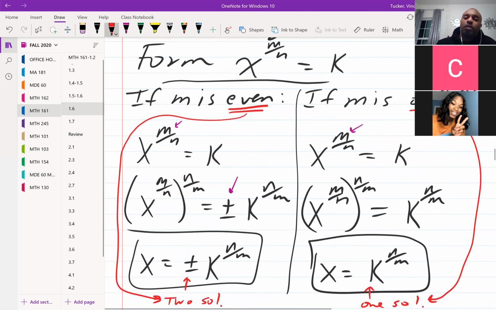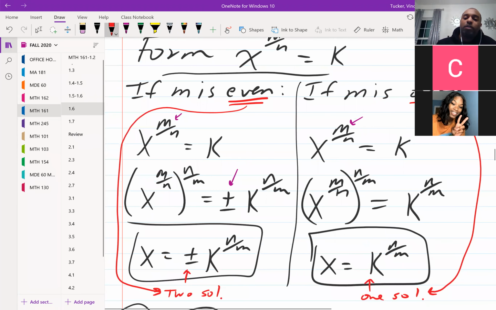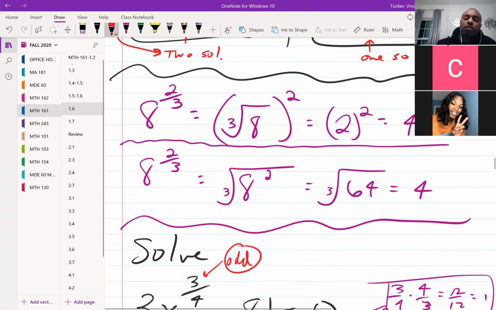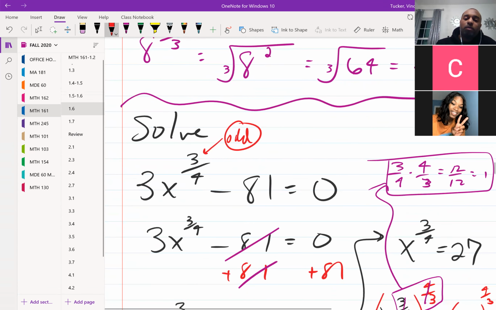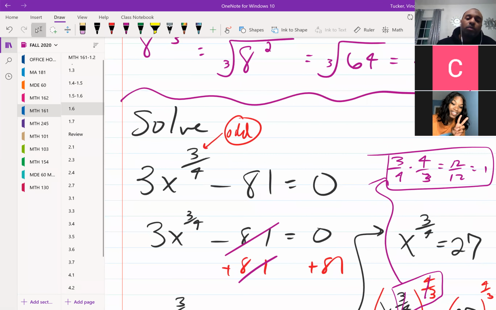So don't forget, if m is odd, we're only going to have one solution. So look at what I did here. I added 81 to both sides because I want to isolate this x to the 3/4 power. I want to get that by itself. So I add 81 to both sides.